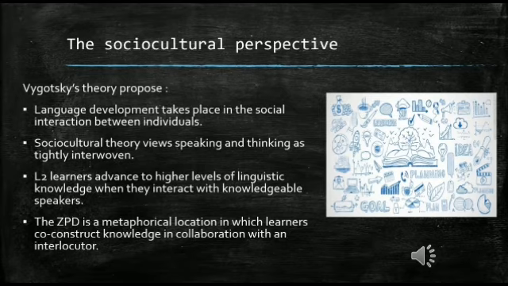The zone of proximal development is a metaphorical location in which learners co-construct knowledge in collaboration with an interlocutor. So in this case, learners advance to a higher level of linguistic knowledge when they interact with knowledgeable speakers.